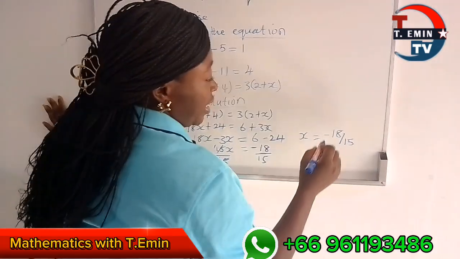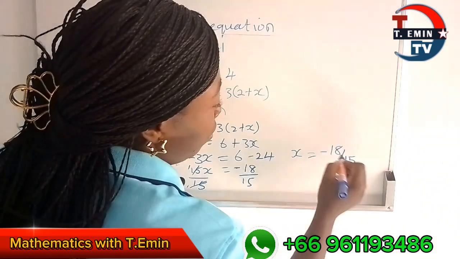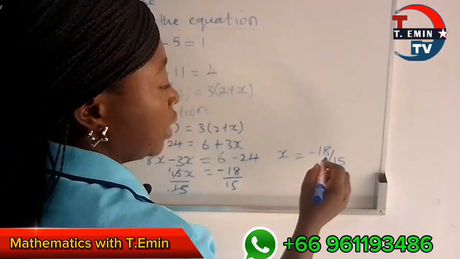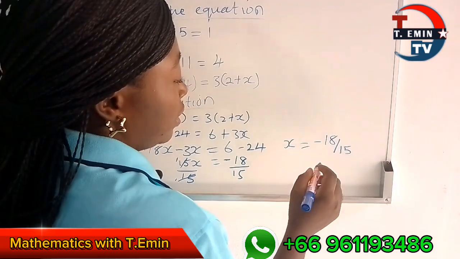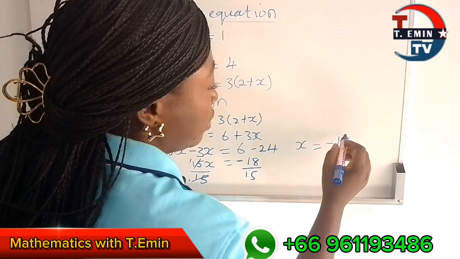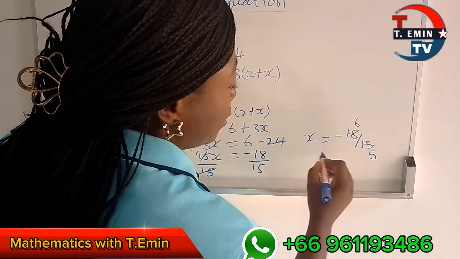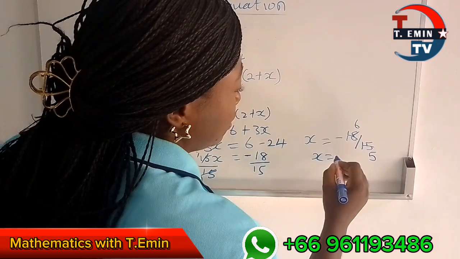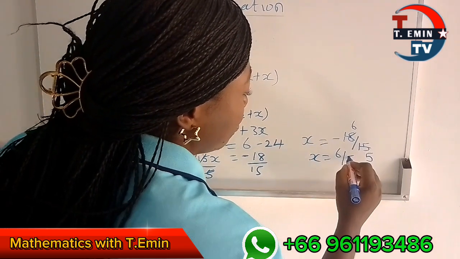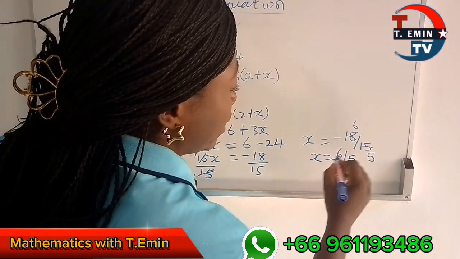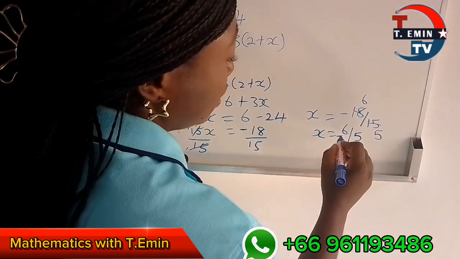See that 3 is a common factor to 18 and 15. So 3 goes here 6 times, 3 goes here 5 times. Our x is the same as 6 and 5, which is negative. This is a negative sign.